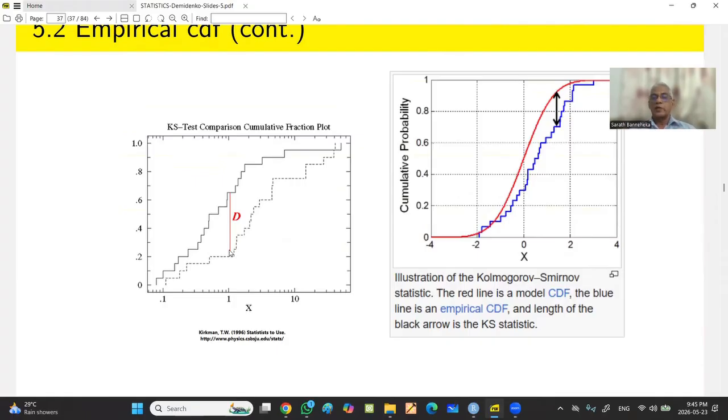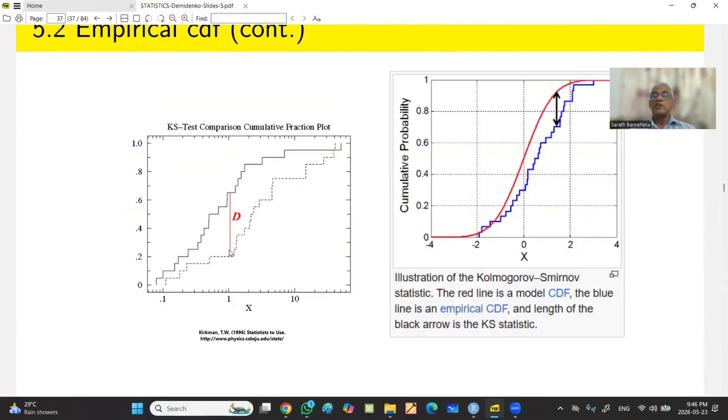That is one application. Another one is that sometimes we are assuming some distribution for the data. For example, we assume that our observations have an exponential distribution with some given parameter.